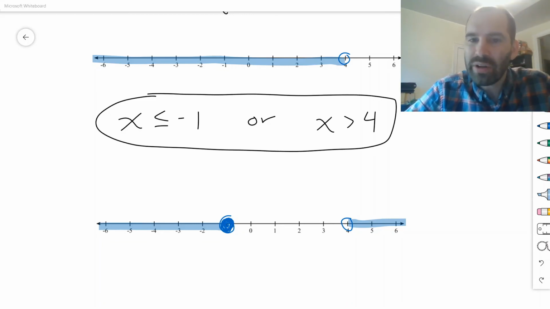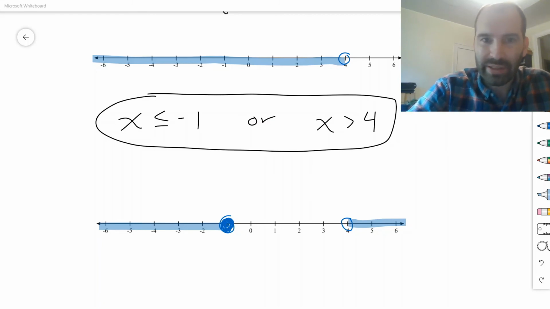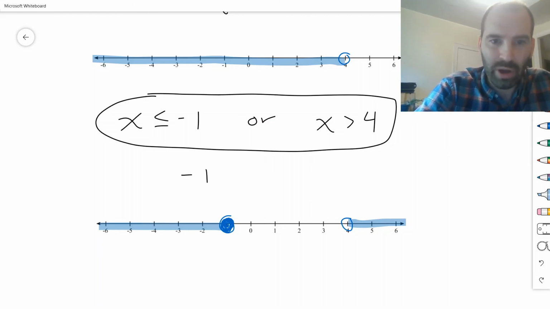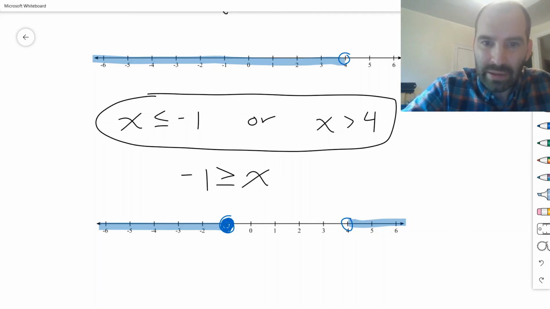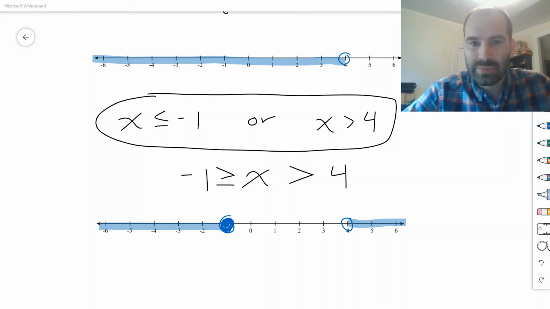What you do not want to do is something like this. Say, okay, well, -1 is greater than or equal to x, because that's the same thing as saying x is less than or equal to -1. So I agree, those are the same. Nothing wrong yet. And then writing this. Does that make sense? Well, it might look okay at first glance, but when you look at it more closely, look, if -1 is greater than or equal to x, and x is greater than 4, that would mean that -1 is greater than 4.